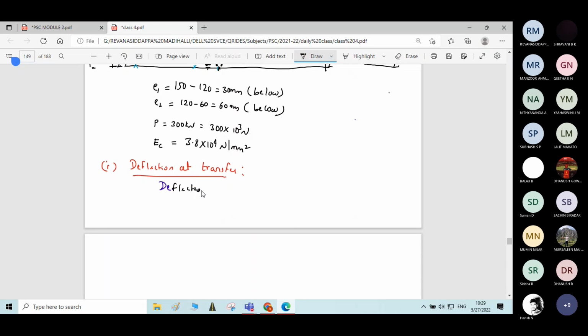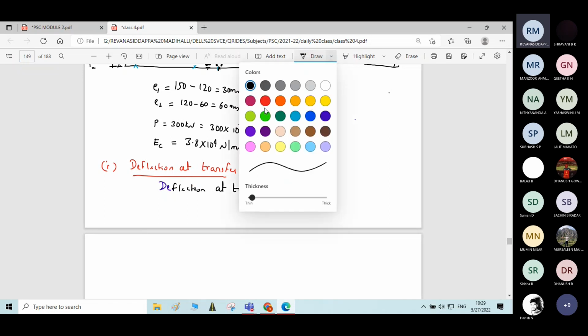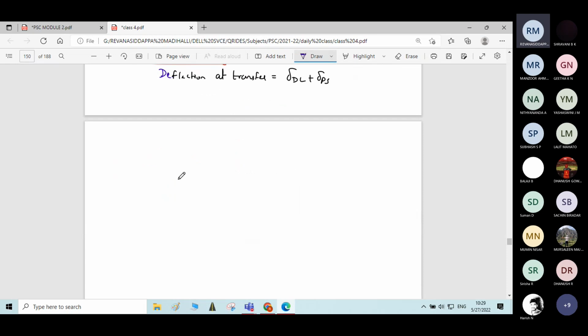Deflection at transfer is equal to deflection due to dead load plus deflection due to prestressing force. Now we will find A, deflection due to dead load, delta DL.